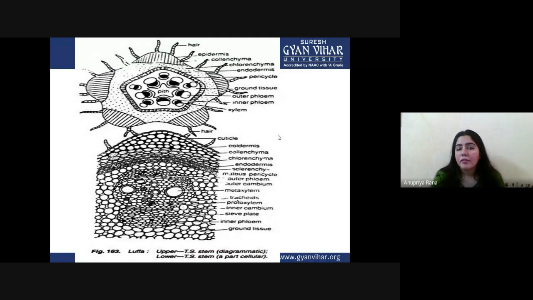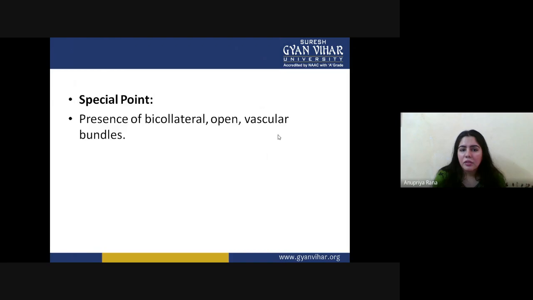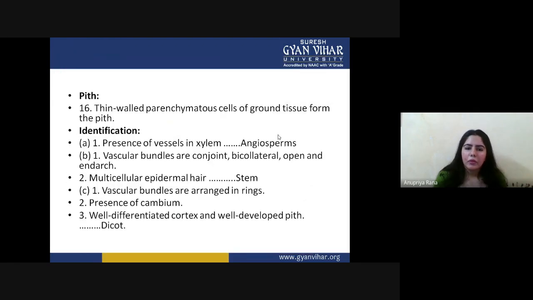That depends on whether secondary growth takes place or starts to expand, because then it cannot grow as much as it could earlier. So at that time the pith can be reduced, but in the young stages the pith is a very developed feature.